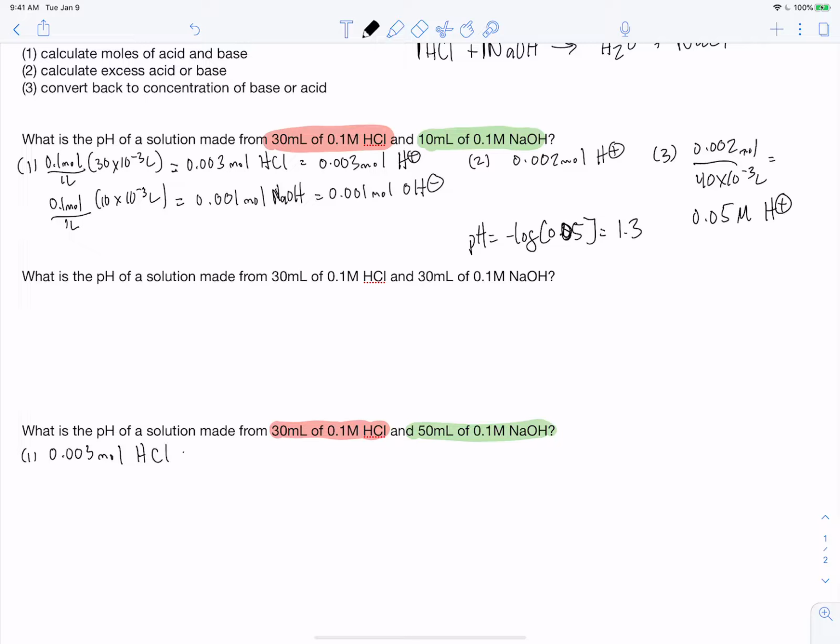So it's that much HCl, which I know is going to be equal to the number of moles of H plus. And then we need to calculate the number of moles of sodium hydroxide that we have. That's just the same calculation that we did in the last part, which is 0.1 mole per liter, multiplied by 50 times 10 to the minus 3 liter.